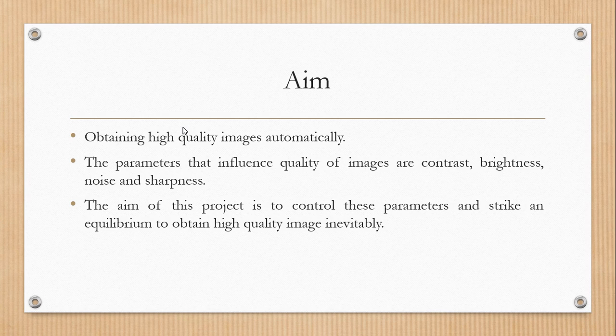Some of them, the most important of them, are contrast, brightness, noise and sharpness. These four quantities actually influence the entire image. The aim of the project is to control these parameters in order to get the good quality image that we actually perceive in our human eye.